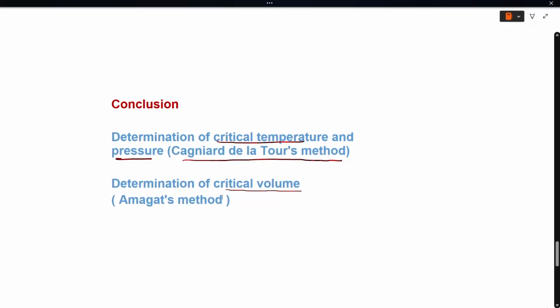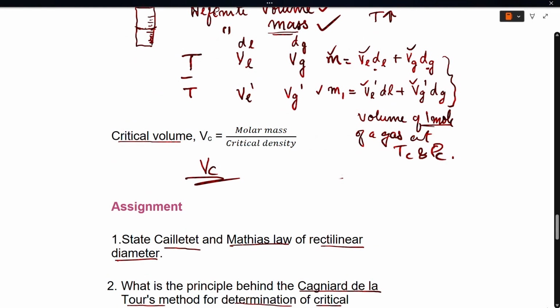And so, we adopt another method to get the exact value for critical volume, and that is Amagat's method, in which we apply the Cailletet and Mathias law of rectilinear diameters. We apply that too, and we will find out the critical density, and from critical density, critical volume is found out by dividing molar mass by critical density.